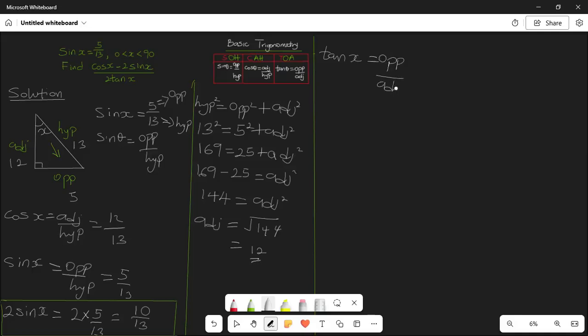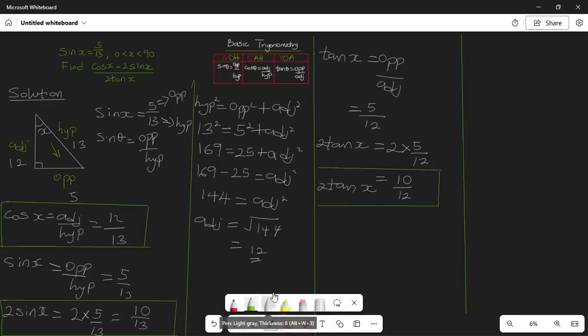Our opposite is 5, while adjacent is 12. So tan x is 5 over 12. So 2 tan x is going to be 2 times 5 over 12, and that will give us 10 over 12.